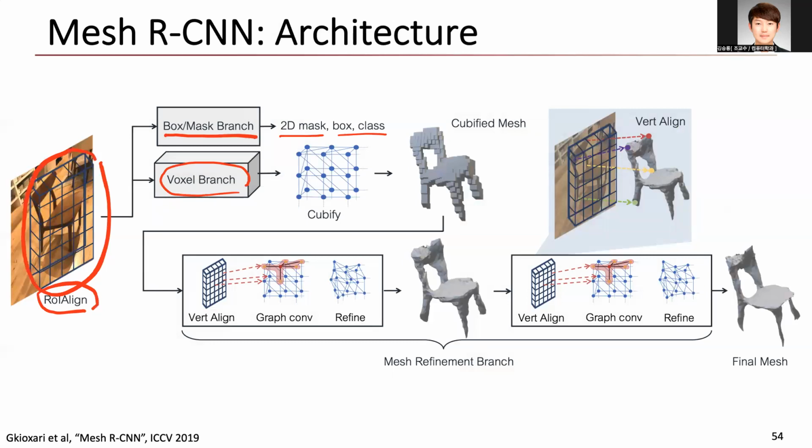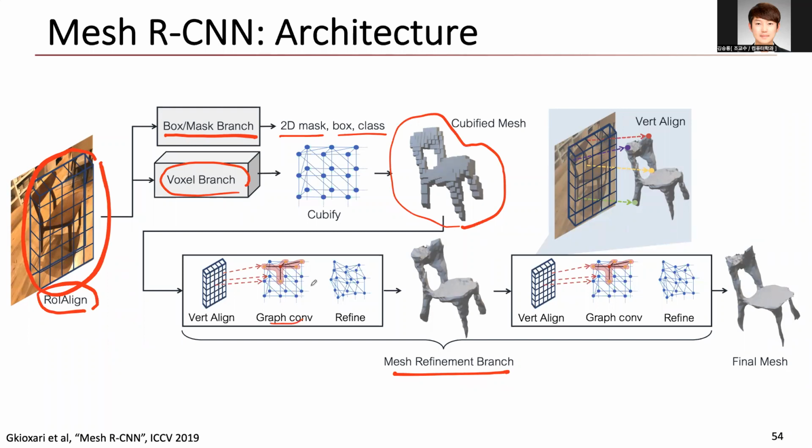So not a 2D box, a 3D box. This ROI alignment extracts the 3D box, and by applying the mesh refinement branch, we refine the initial voxel-like information into meshes.